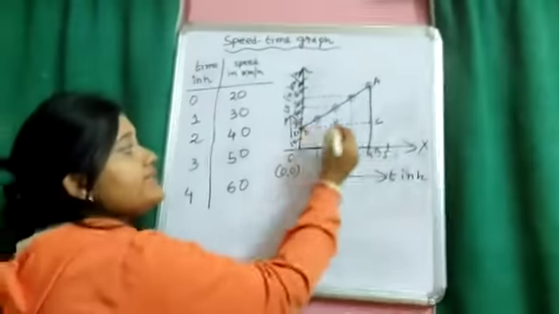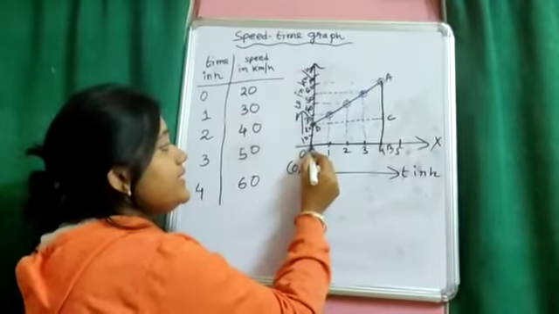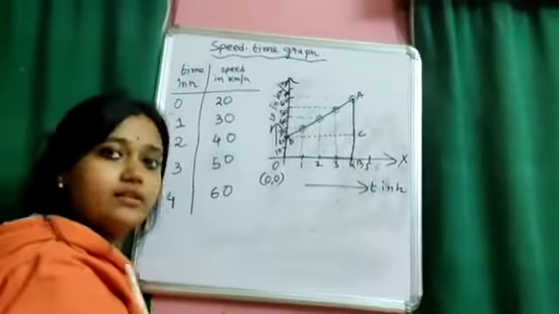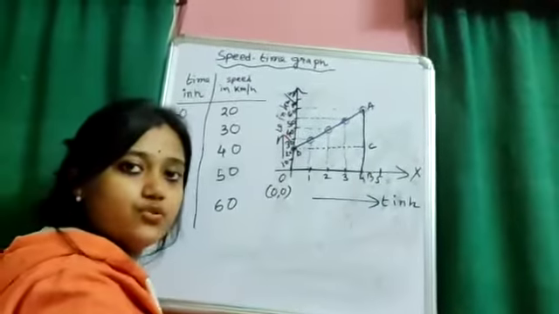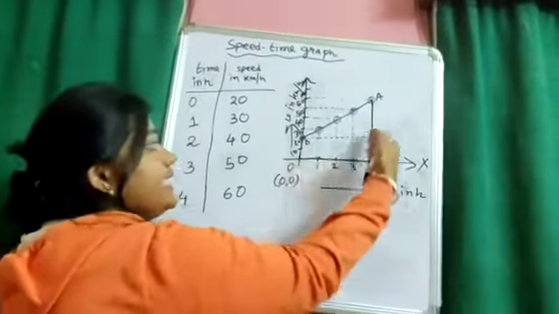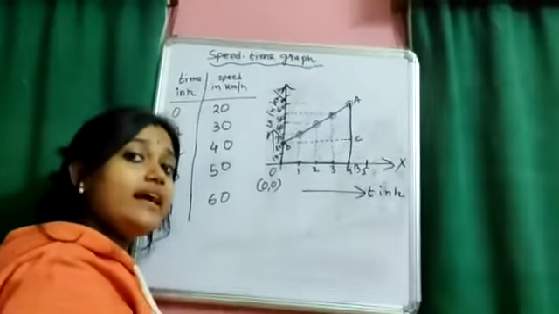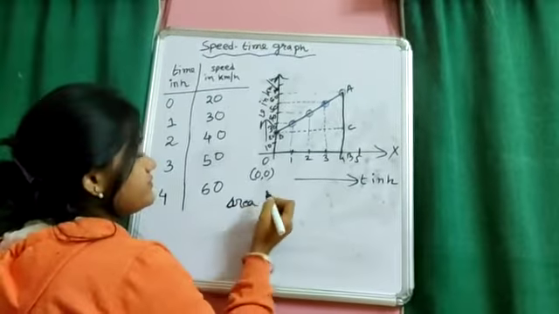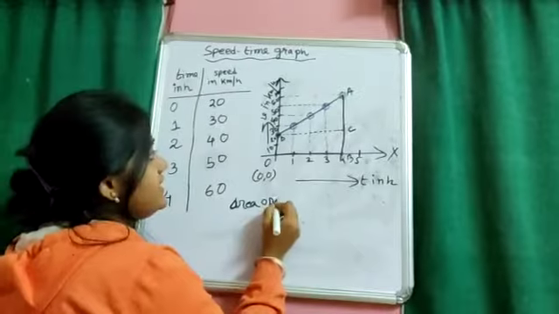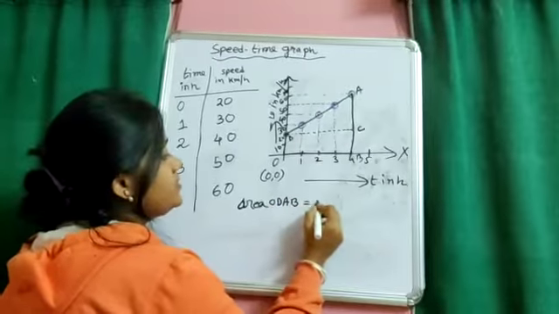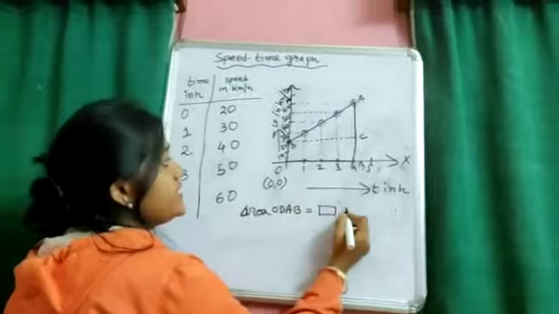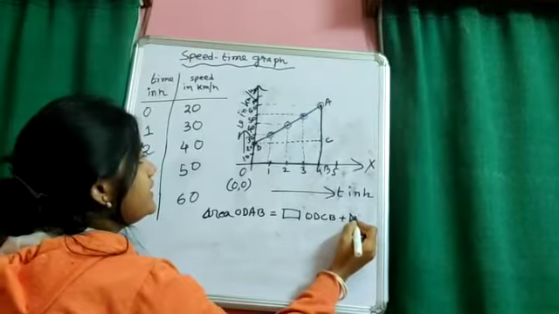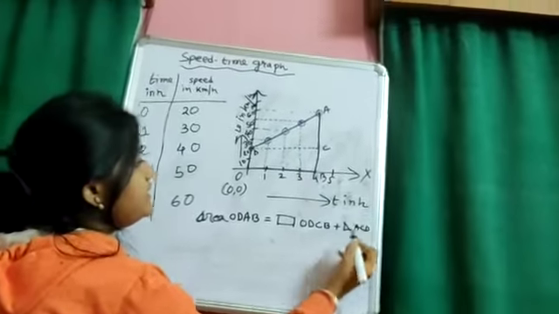You can see the figure is like this. This is nothing but a rectangle, ODCB, and ACD is a triangle. If I sum these two up, then I can get the entire distance covered, the entire area under this curve. So area of ODAB is equal to the rectangular area of ODCB plus the triangular area of ACD.